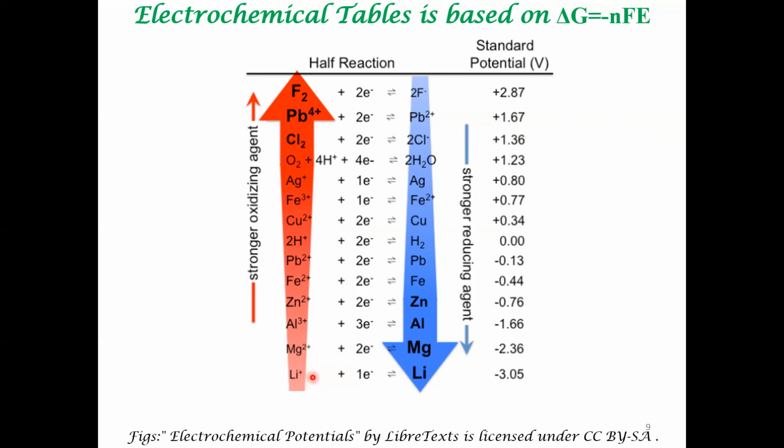So let us look at the numbers and interpret and see whether it is consistent with our chemical intuition. Here I'm saying that the electrochemical table is based on thermodynamics, and the thermodynamics is quantified by this equation, right?